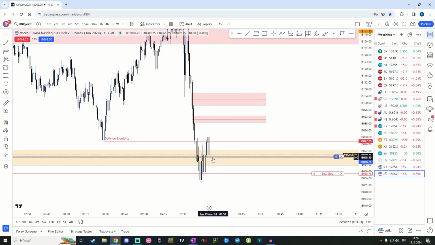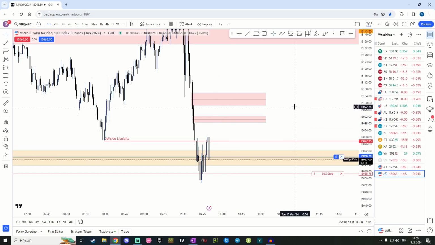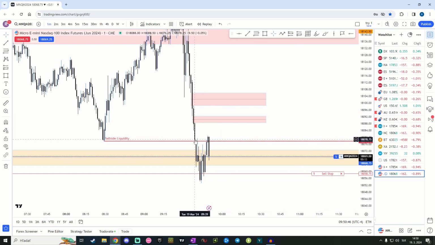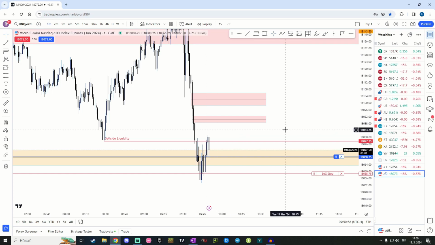It came back again to the midpoint of the new week opening gap. But let's see, because we traded inside this CB, traded up and taken out this high, respected the 50% of the gap. So it can easily go down from here.